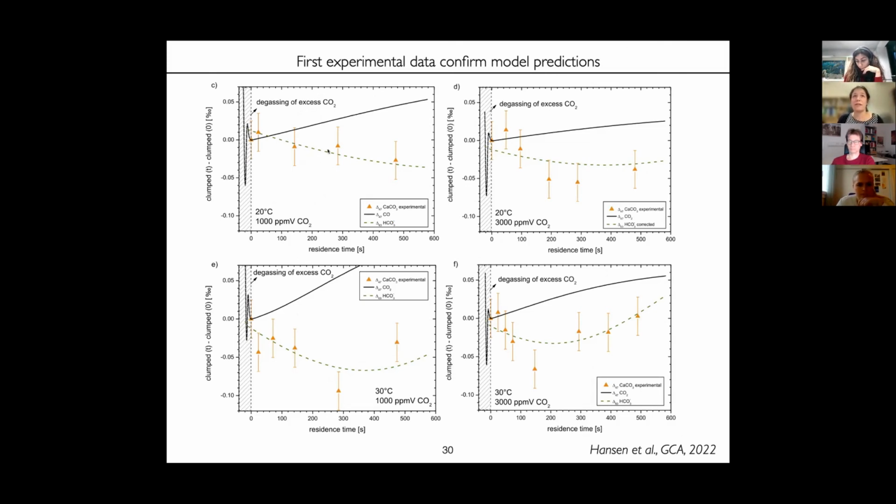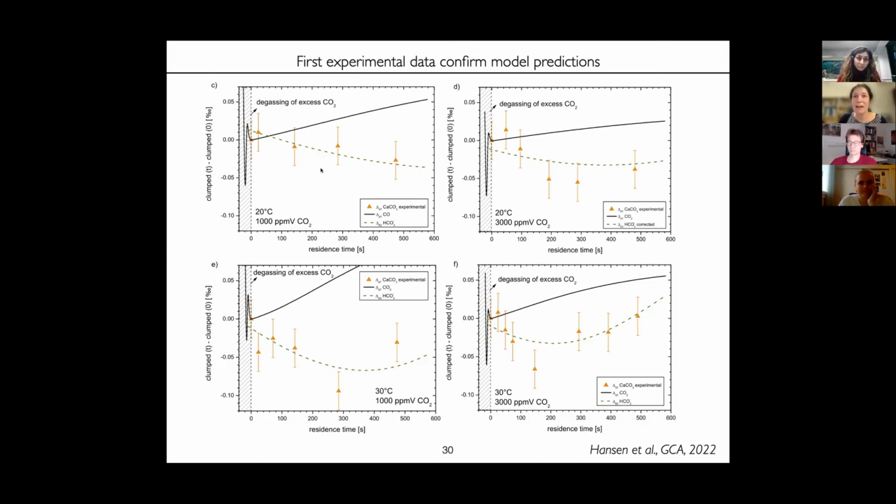So basically the orange symbols are what they measure in the lab, and the green stippled line is what the model would predict in terms of evolution with time of these systems. And I think this is very promising and reassuring that you can actually reproduce those signals in the lab. There's of course still lots of uncertainties, but this is a promising direction.